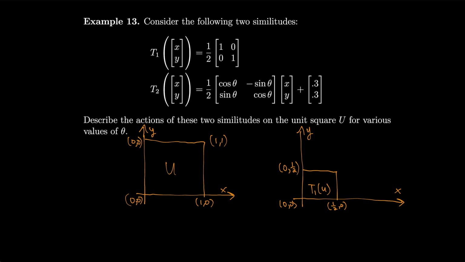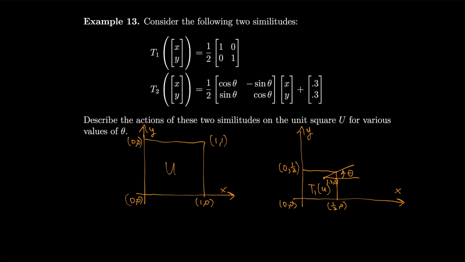And then I need to rotate it. Okay, we can do the rotation now. It should be through an angle theta, and it should translate by 0.3. So I'll translate it over here. This is going to be 0.3, 0.3, and here will be my angle theta at which I rotate.